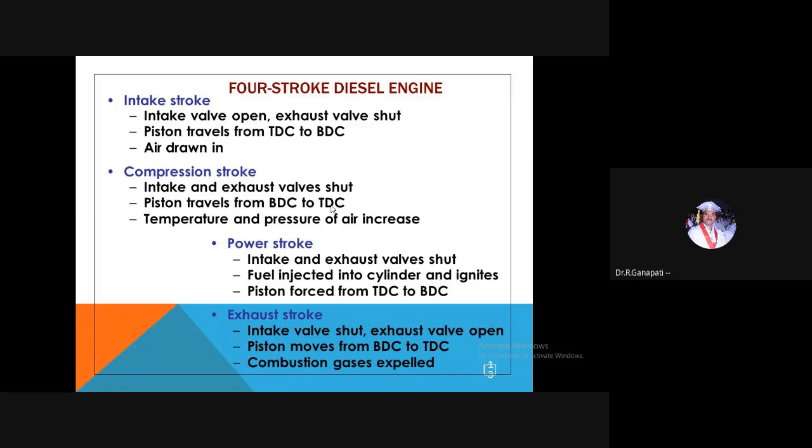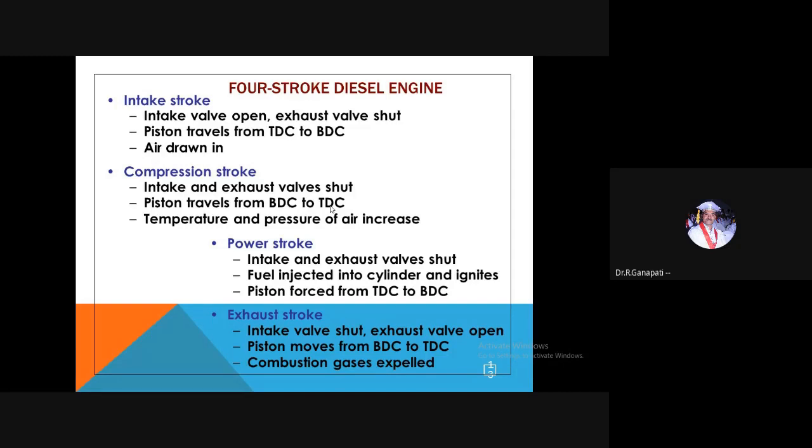And in the second stroke, the compression stroke, both valves are in the closed position, and the piston travels from the bottom dead center to the top dead center. So what happens? The pressure and temperature rise. The pressure rises to more than 40 to 45 bar, and the temperature rises to nearly 600 to 900 degrees Celsius.